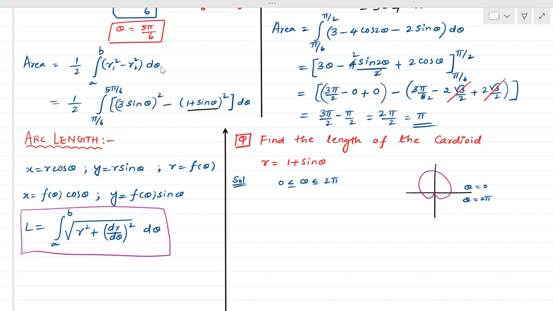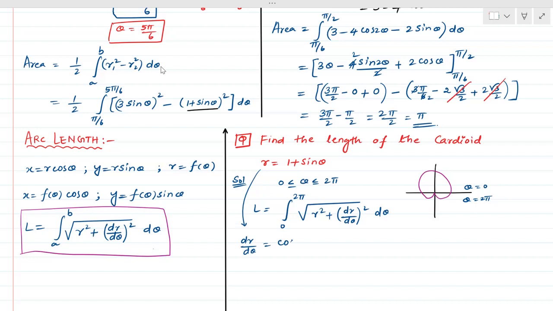Then I substitute the value here. Now the length is equal to the integral from 0 to 2 pi of the square root of r squared plus dr over d theta whole squared, d theta. So r is given. I want to calculate dr over d theta, so differentiate with respect to theta.